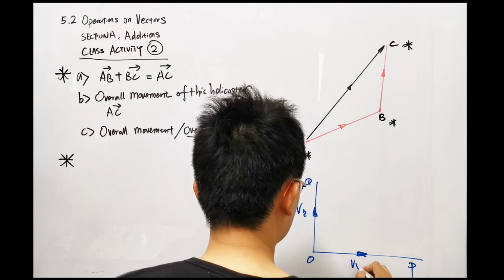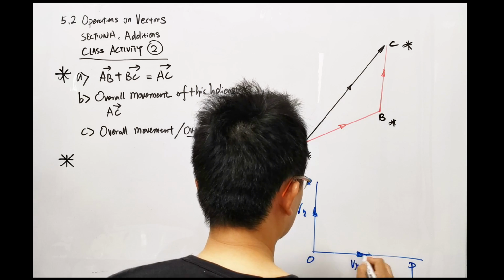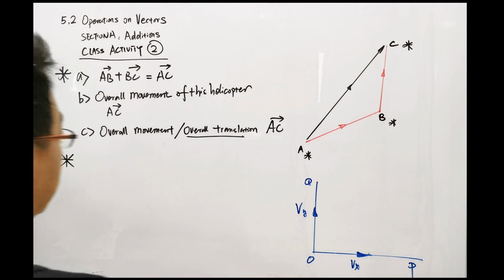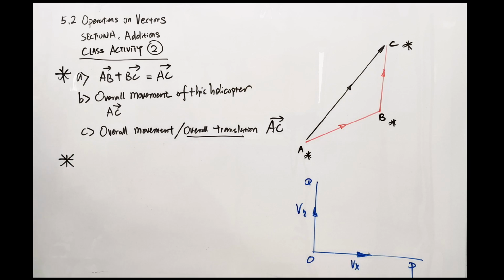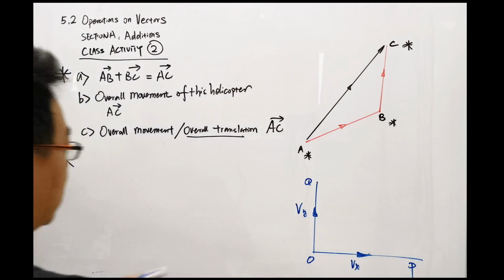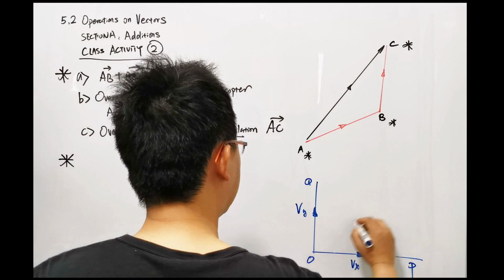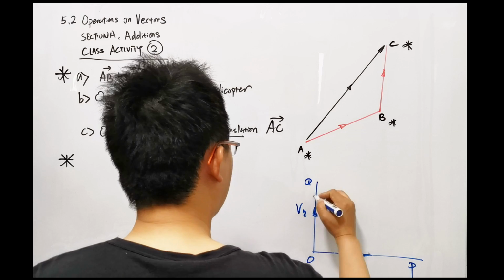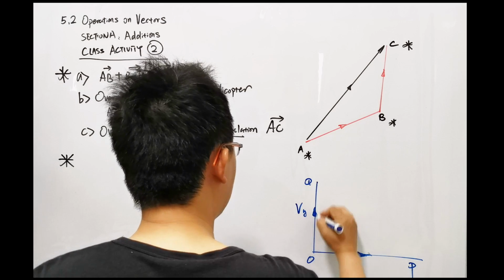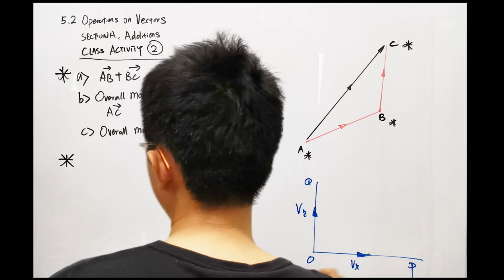In this example the golf ball is flying in this direction, and while it is flying it has a vertical velocity and at the same time a horizontal velocity.